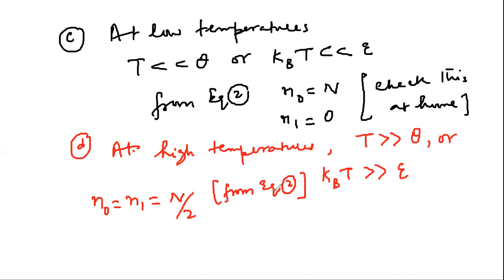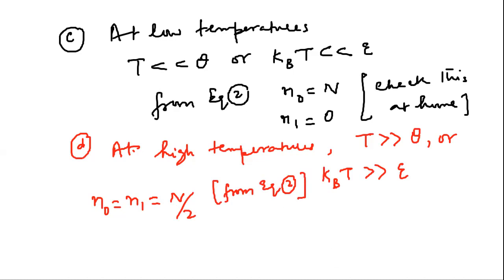So at high temperatures, what happens? N0 is equal to N1 is equal to N by 2.